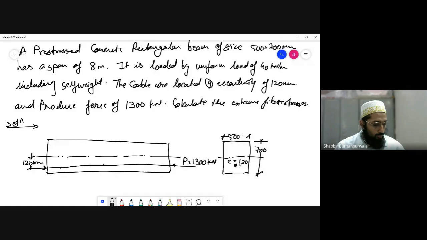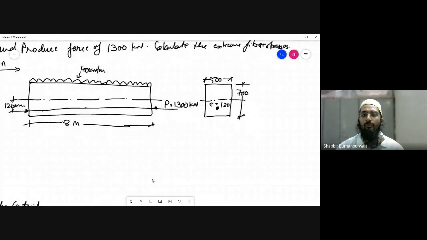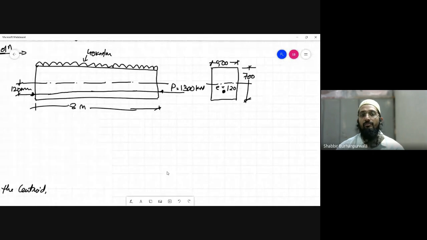Okay, so this is your cross section. The total span of this beam is 8 meter, and the UDL, or uniform load, acting on the beam is 40 kilonewton per meter. This is including the self weight, so no need to calculate the self weight for this particular beam.